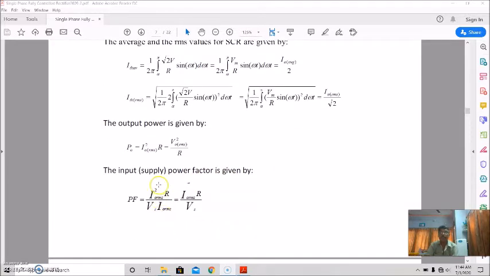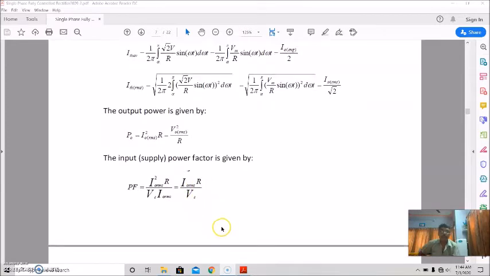This is the output power, that is the active power P, and this is S, that is VS times IS RMS. This is also the source current, so it will be IO RMS into R by VS.